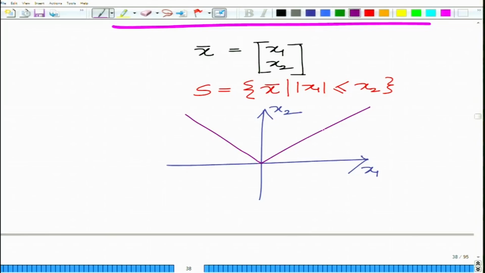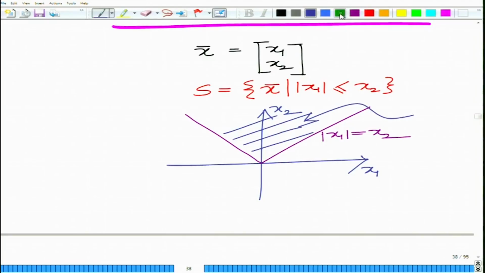And if you look at this region, it basically represents the region magnitude of x1 is less than or equal to x2, and you can see this region is a cone, and this is basically also convex.